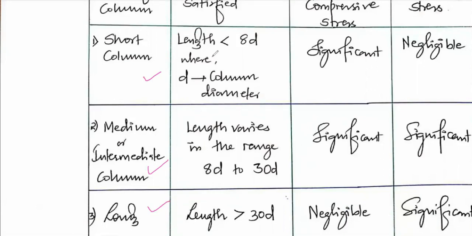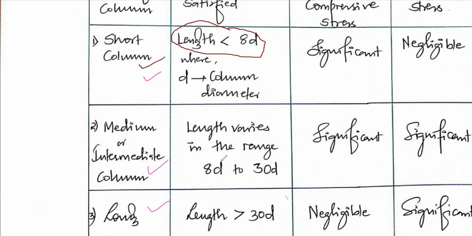Now, how are you going to classify this? That classification depends upon the correlation between length and the diameter. If the length of the column is less than 8 times the diameter, then it comes under the category of short column.